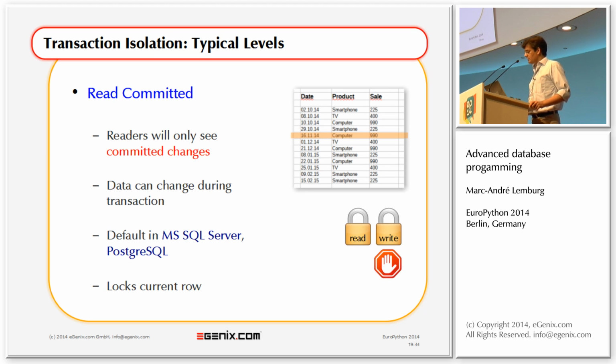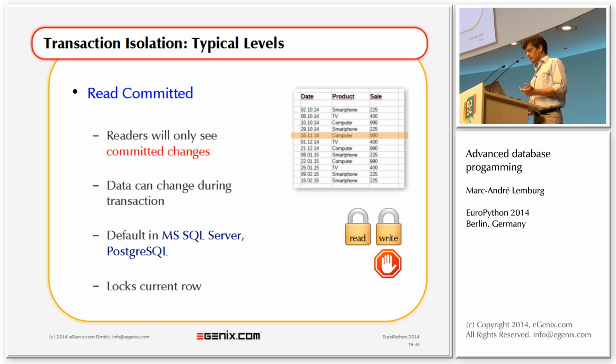So the way that it works is you have this cursor. I drew this table up there with the yellow bar in it. It'll lock the current row. It'll put a read lock on it. If there is a write lock on a row, the database will wait for that write lock to be removed.